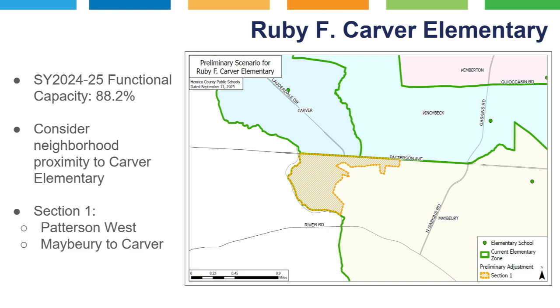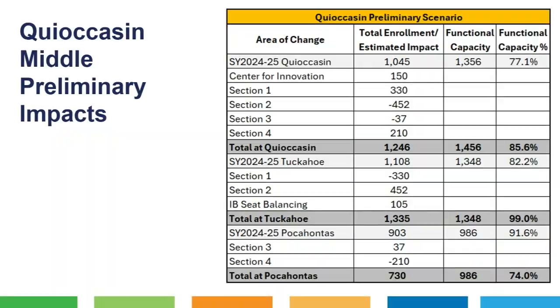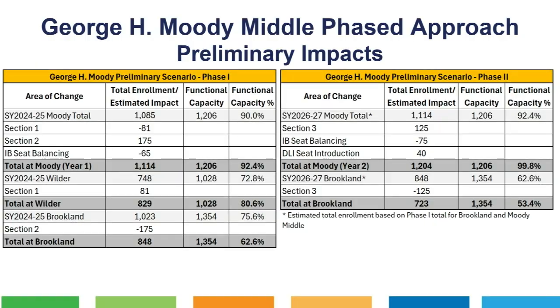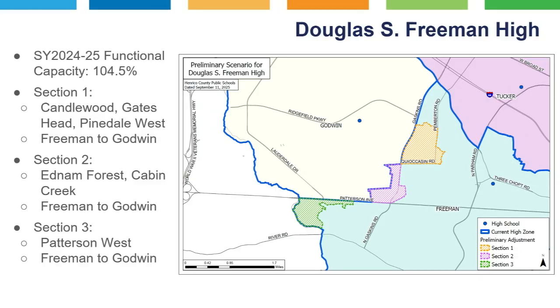And then Freeman. The driving concept here for me is capacity relief for Freeman, utilizing community pockets that can be reunited, or at the very least, not creating additional splits within elementary schools. So, excuse me, this is a little bit different than what was proposed back in the spring.